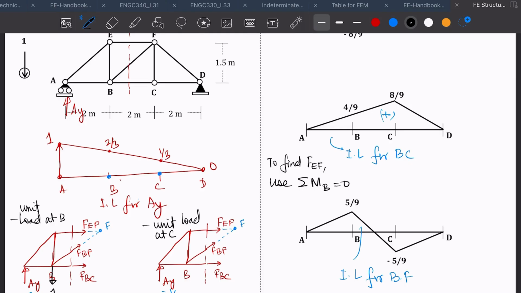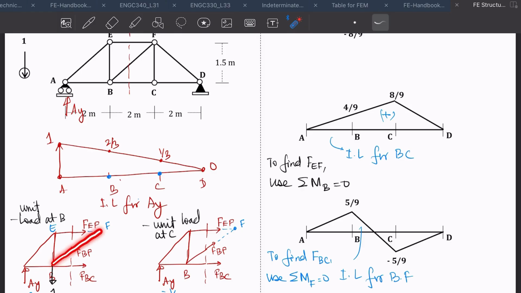Okay, so now another one. To find FBC, use summation of moment about E. Sorry, not E, it will be summation about F equal to 0. Okay, so why?